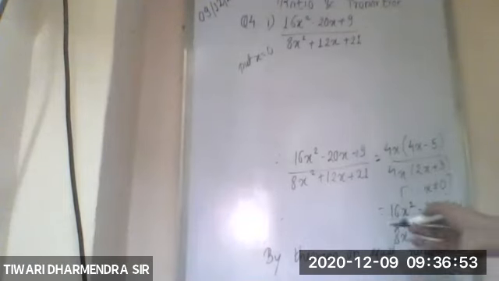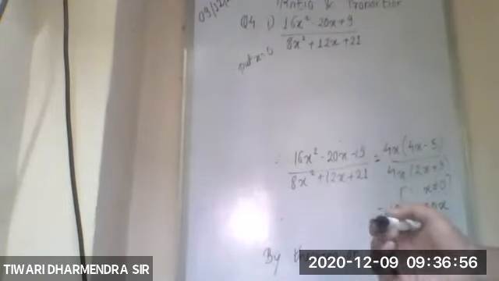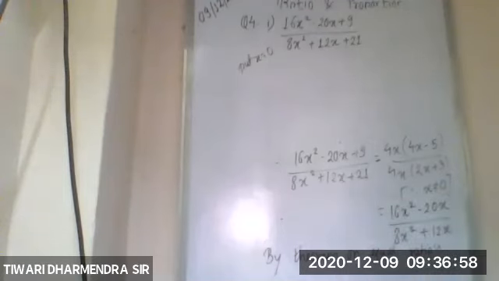By the theorem on equal ratios, the requirement is that we should subtract, meaning we should get rid of the term so that we can get the value of x at last.